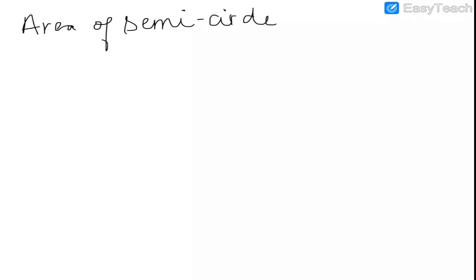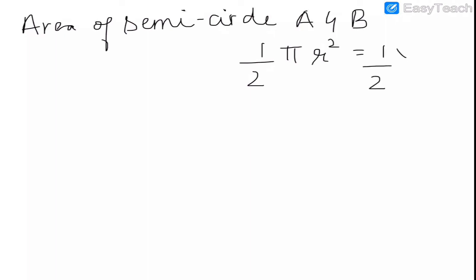Now calculate the area of semicircle AGB, half pi r square, where half into 22 upon 7 and r square is 21 square.